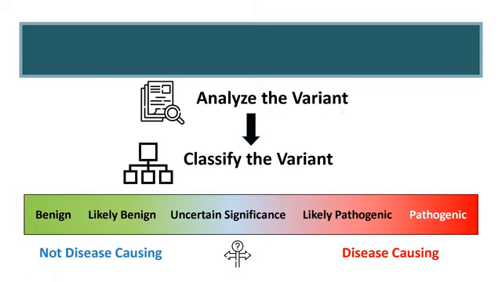In the middle are variants for which there is not enough information to determine whether the variant is benign or pathogenic. We call these variants of uncertain significance, or VUS. The variant classification can change over time as new information becomes available. After the variants are classified, a report with the results is sent to your doctor.